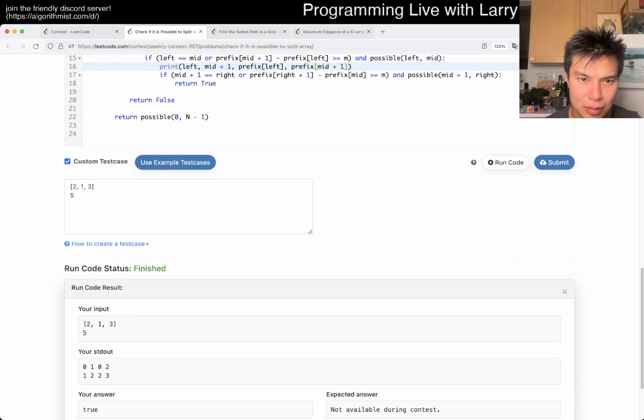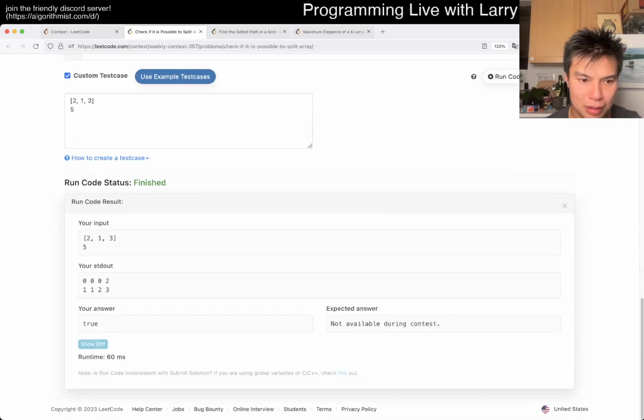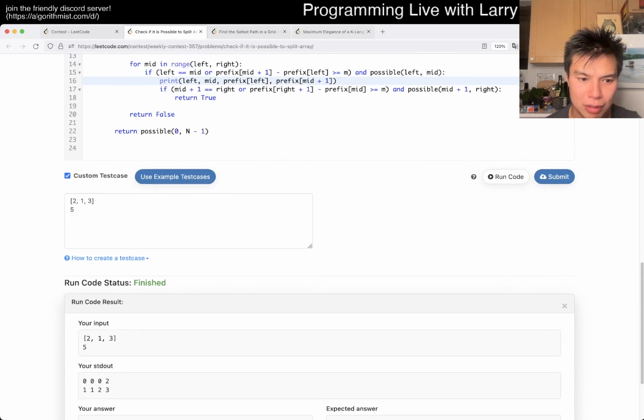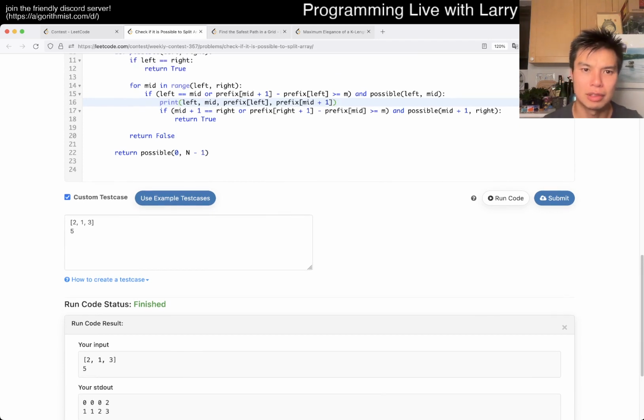0, 1. Oh, mid plus 1 isn't quite what I mean. Okay, fine. Basically, okay, 2 and 0, 0, 0, that makes sense. 1, 1 is going to be 1. That's true. And why is it return?